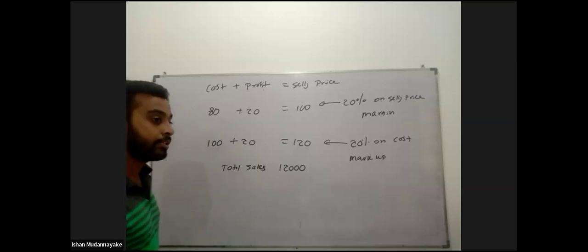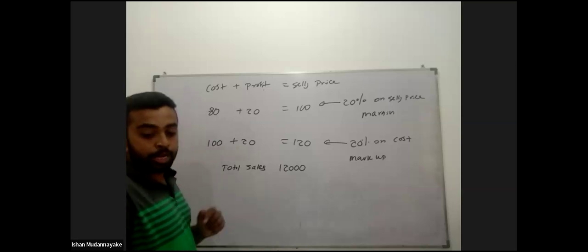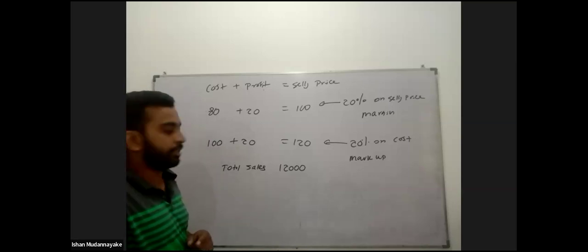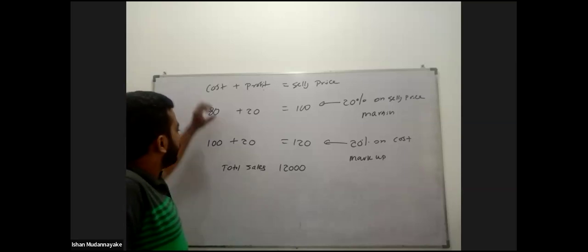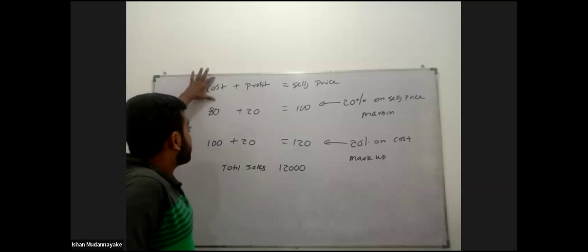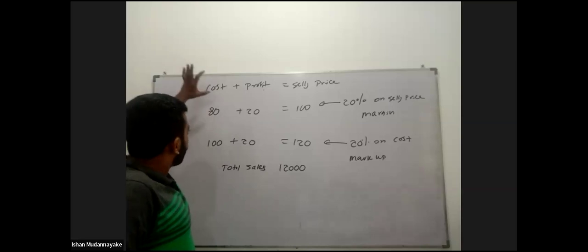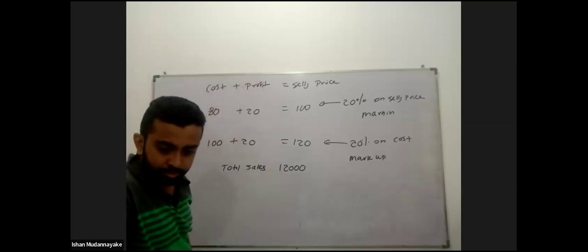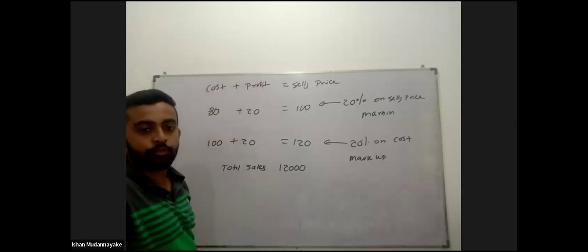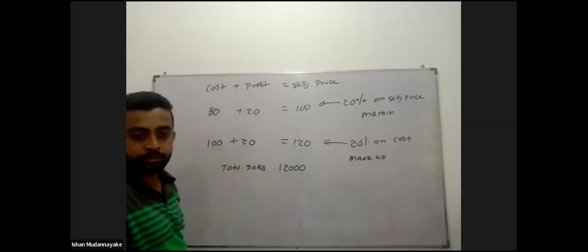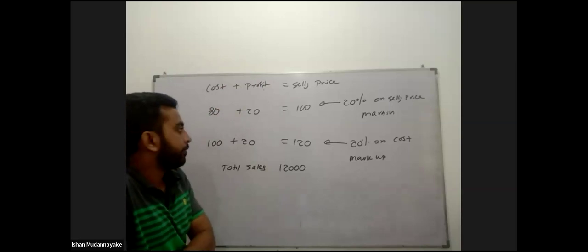In accounting we discussed two methods to calculate the selling price. The normal method is cost plus profit equals selling price. To the cost we add profit, and then we calculate the selling price of the product.